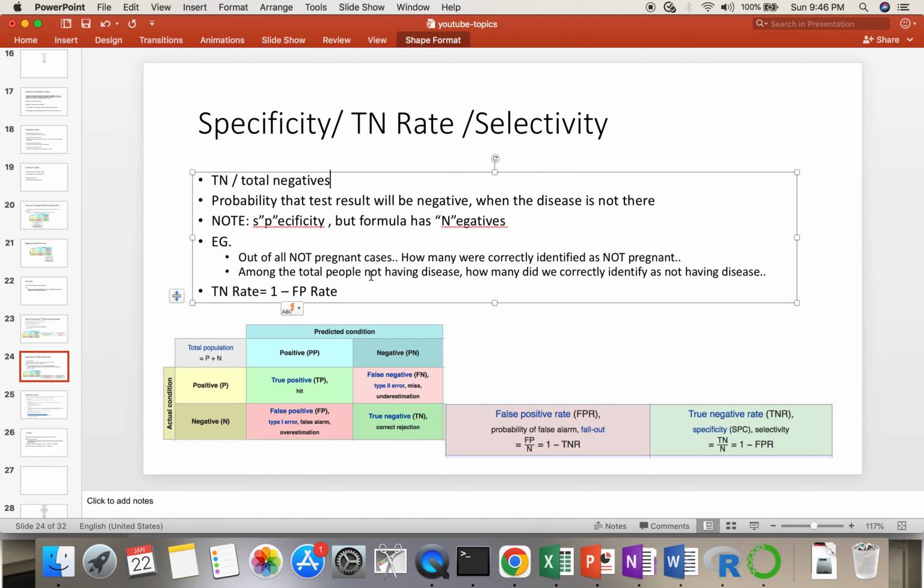Among the total people not having a disease, say COVID, how many did we correctly identify as not having the disease? Out of all the people not having COVID, how many were correctly identified as not having COVID? True negative by total negative. That gives us specificity. True negative rate is 1 minus false positive rate.